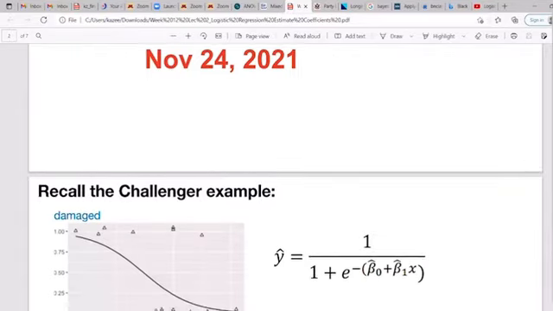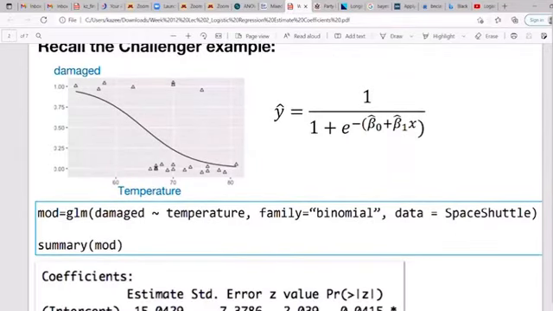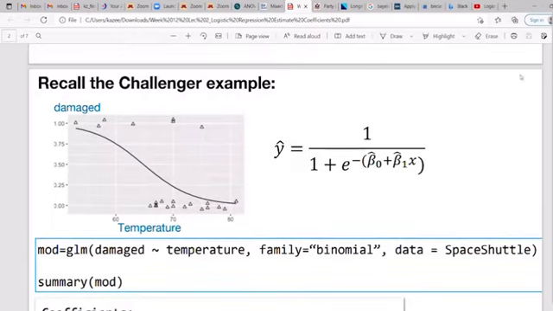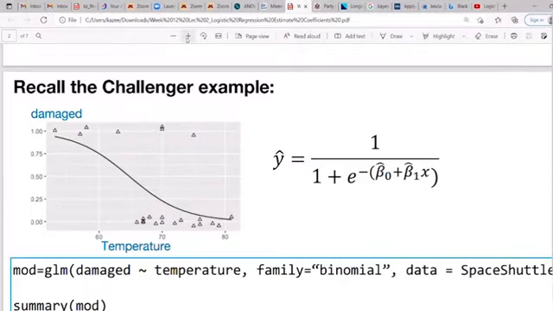Okay, and as a reminder, I told you before that we use logistic regression in a situation where we're trying to characterize relationships among variables in such a way that the response variable is categorical.